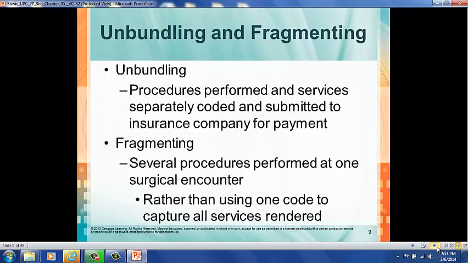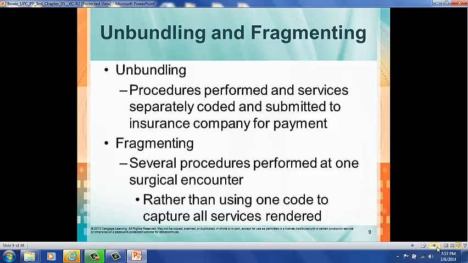Correct coding a service means that the coder needs to be reporting the service rendered with the most comprehensive code available. Accuracy and knowledge of the procedure are important elements in coding a service correctly. Coding correctly also means the coder has an understanding of the terms unbundling and fragmenting.